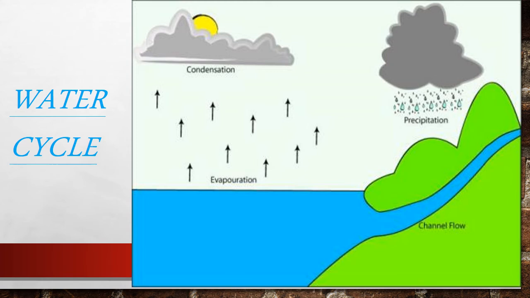So here you can see the process of evaporation, and after that in the cloud, due to the lower temperature, these vapors convert into water droplets, and here you can see the next process, precipitation, or we can say the rain. As you are already aware of the water cycle, in this you can see evaporation and condensation.